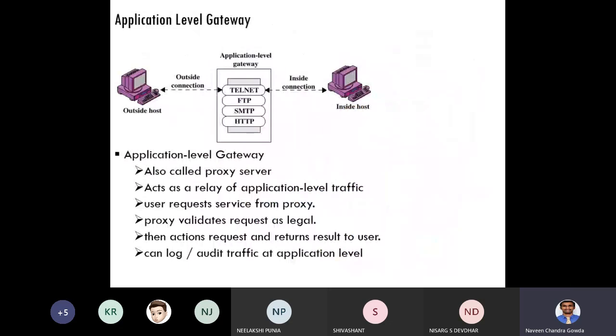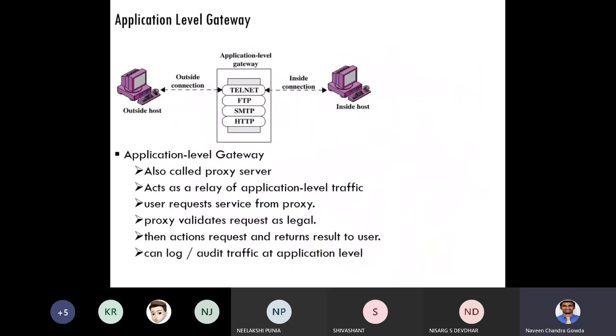Whenever there is communication between your device and the outside network, the filtering or checking process happens in the gateway. That is one kind, the application level gateway.